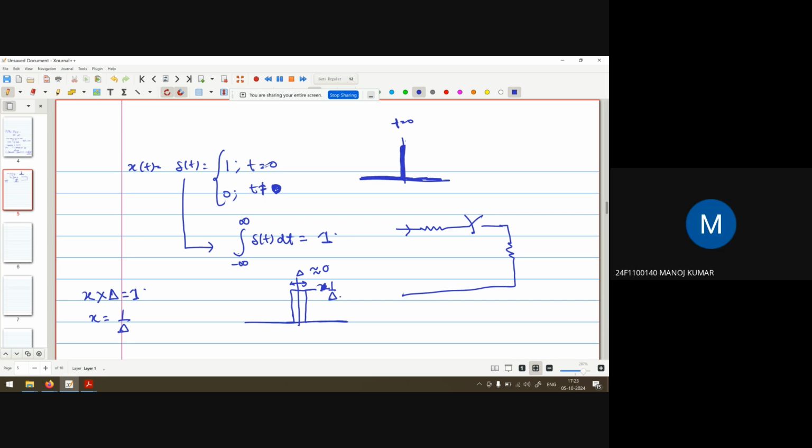And if this width is reducing, if delta is reducing, then x, or 1 upon delta, is increasing.